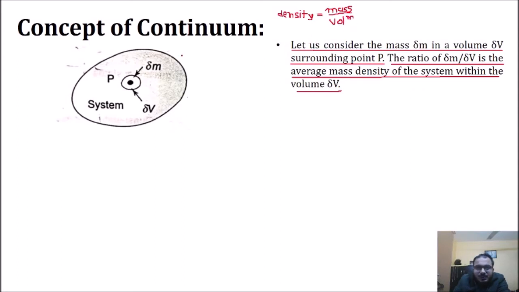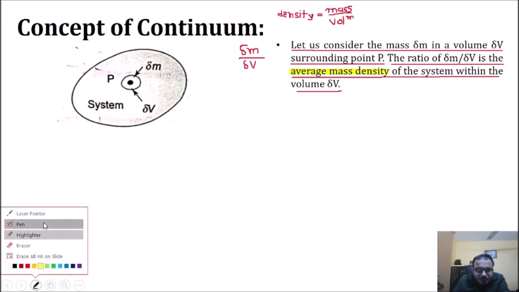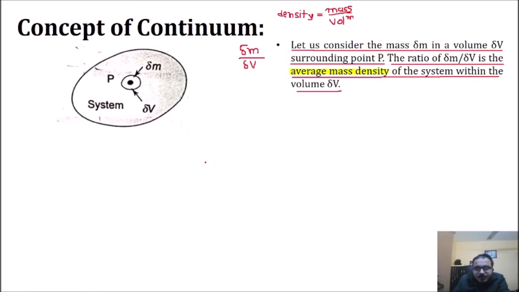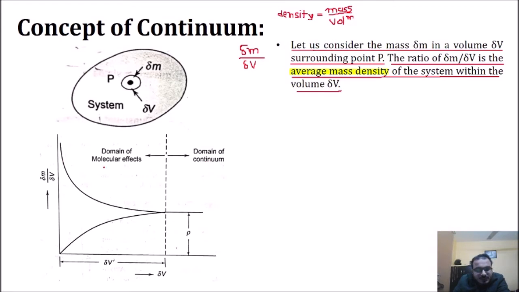So here, as we can see, in this case we are having mass as del m upon del V. So this will be known as average mass density. So now this is something we are going to focus on.